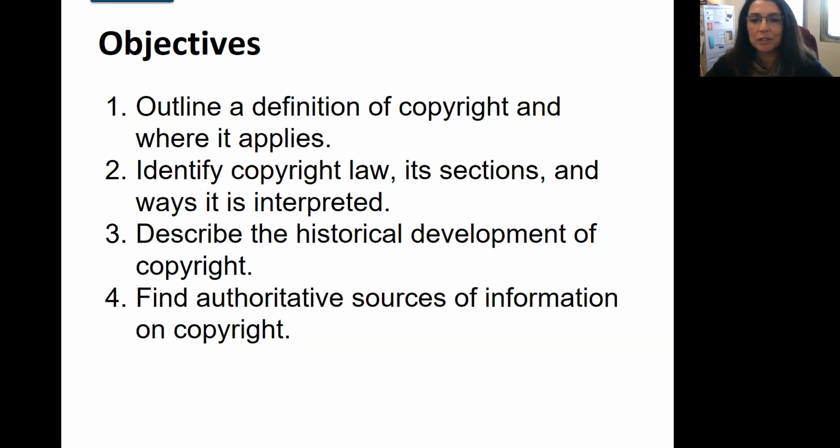Then Larry's going to go into describing the historical development of copyright. It is interesting and also necessary to know about how copyright does have changes over time. And then finally, we wanted to leave you with some authoritative sources for information on copyright, so that once you're done with this recording, you will have some information sources that you could lean on to help you or help you help others with copyright.